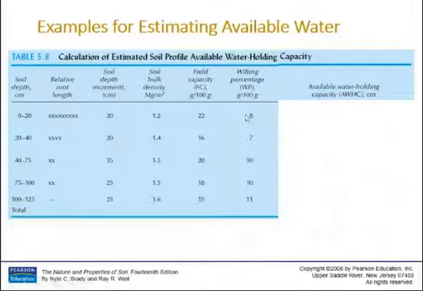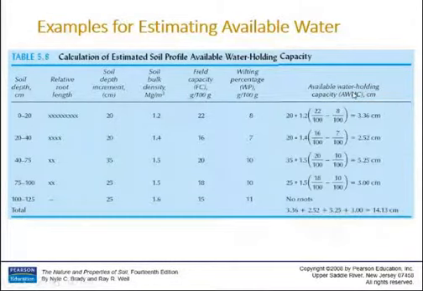Then we multiply by the bulk density, but we have to make sure the units are the same. You can convert megagram per meter cube to gram per centimeter cube, since 1 gram per centimeter cube is equal to 1 megagram per meter cube. Then you multiply by the depth, and that gives you the depth of the available water.